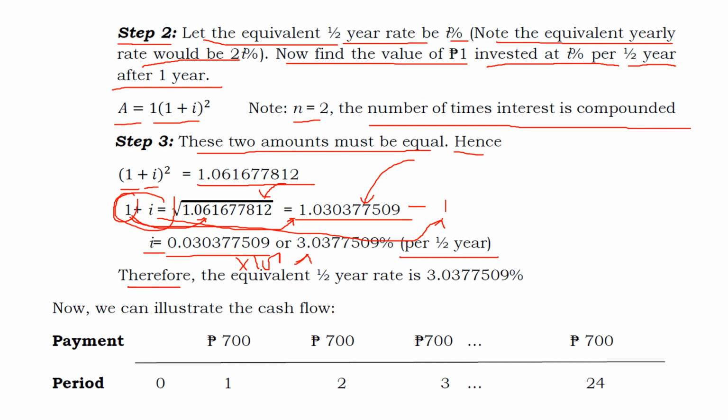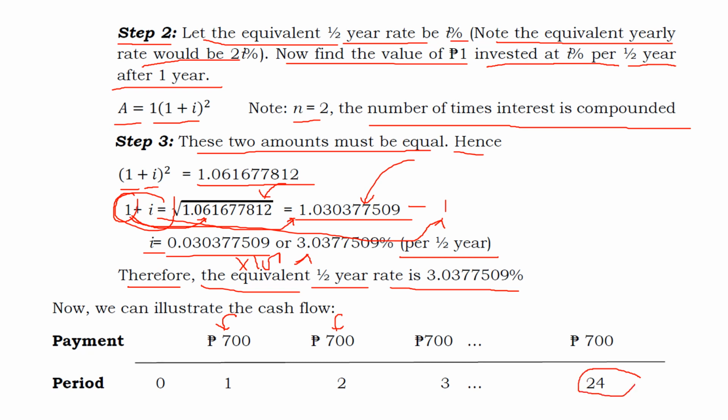So therefore, the equivalent 1/2 year rate is 3.0377509%. Now, we can illustrate the cash flow in this case. So the payment, for example, is 700 pesos for the first year of payment up to the last year of payment, which is 24.